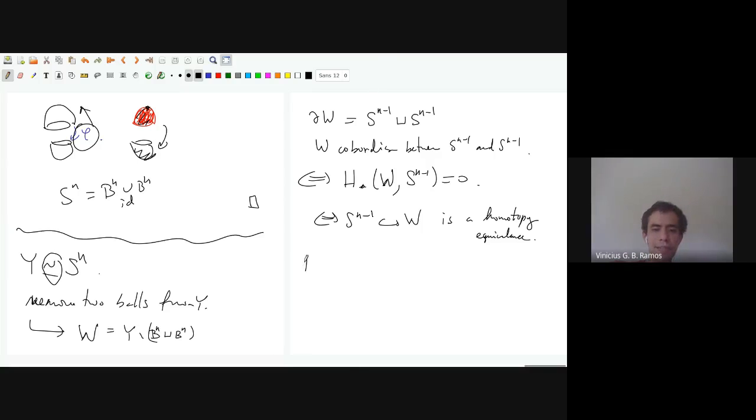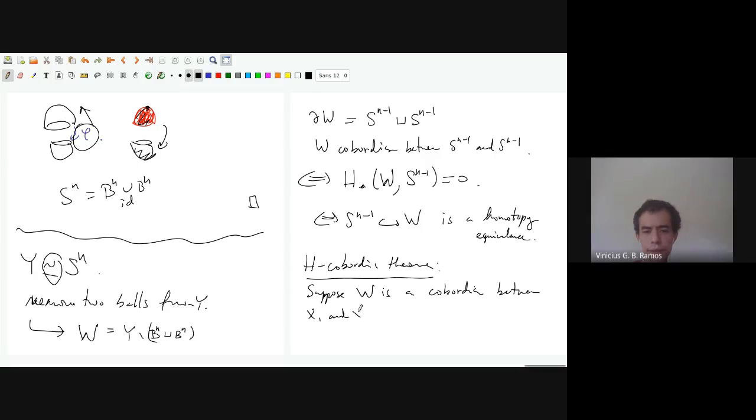But let me just state the Cobordism theorem. Suppose W is a cobordism between x1 and x2.